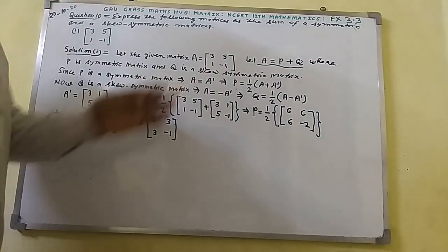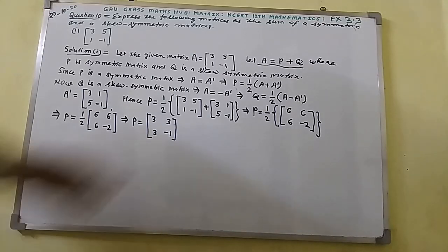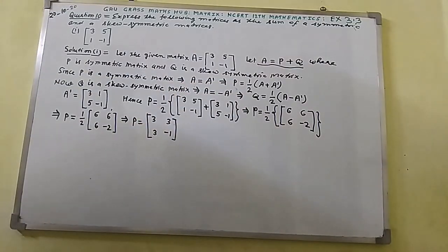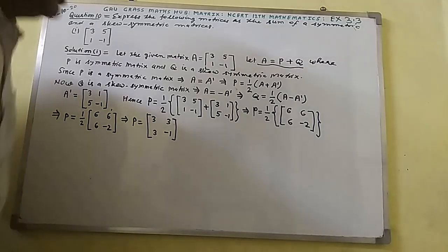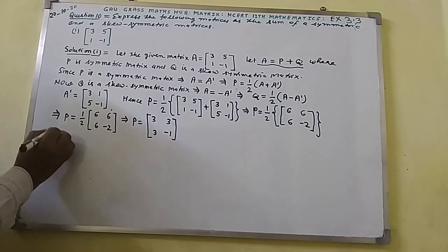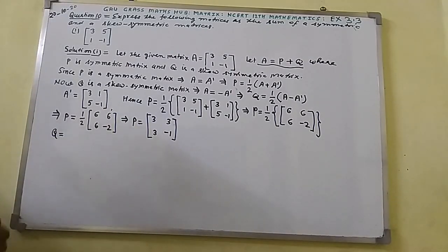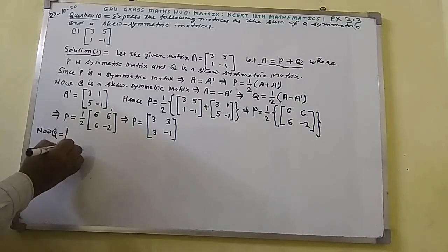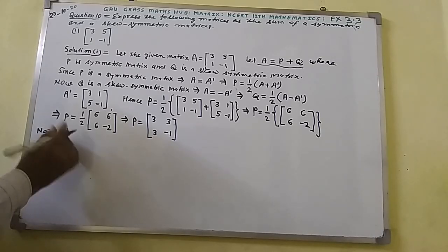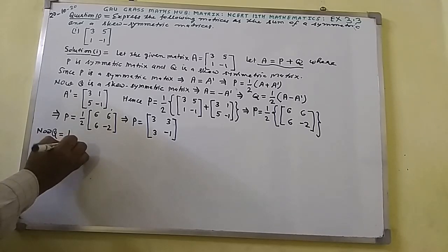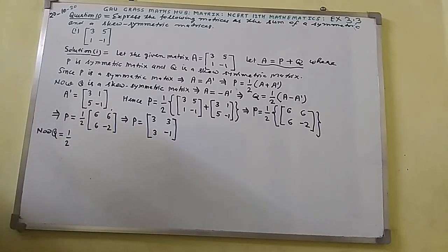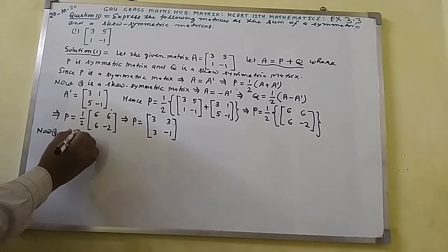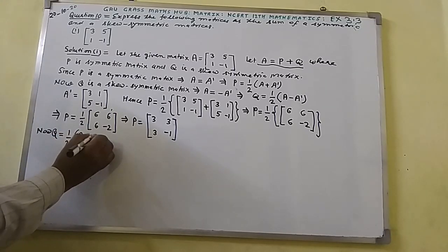Similarly, you will get the value of Q by performing the similar steps. So here I shall write Q equal to the formula 1/2, in bracket the given matrix A minus transpose of the given matrix.